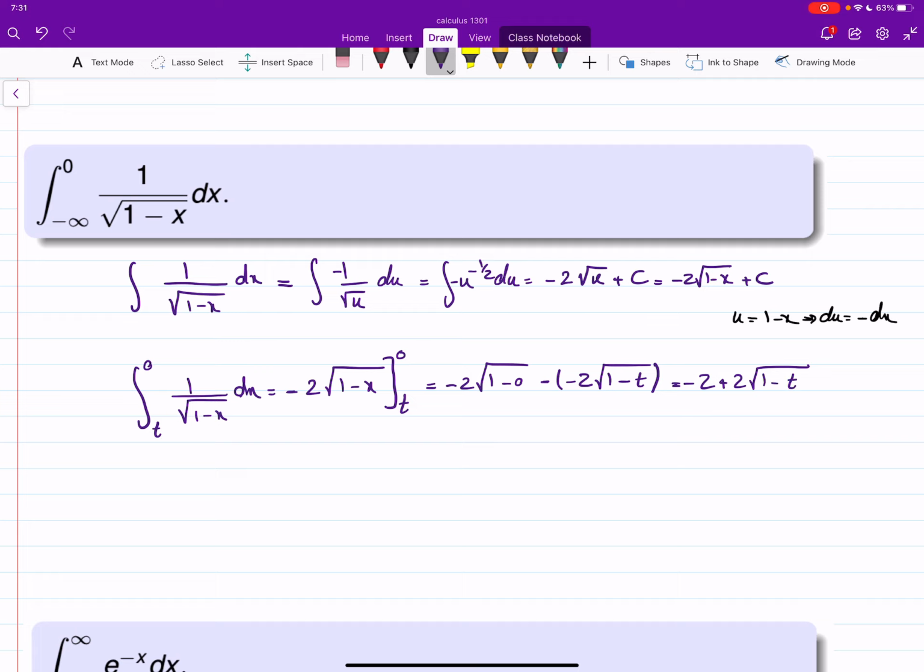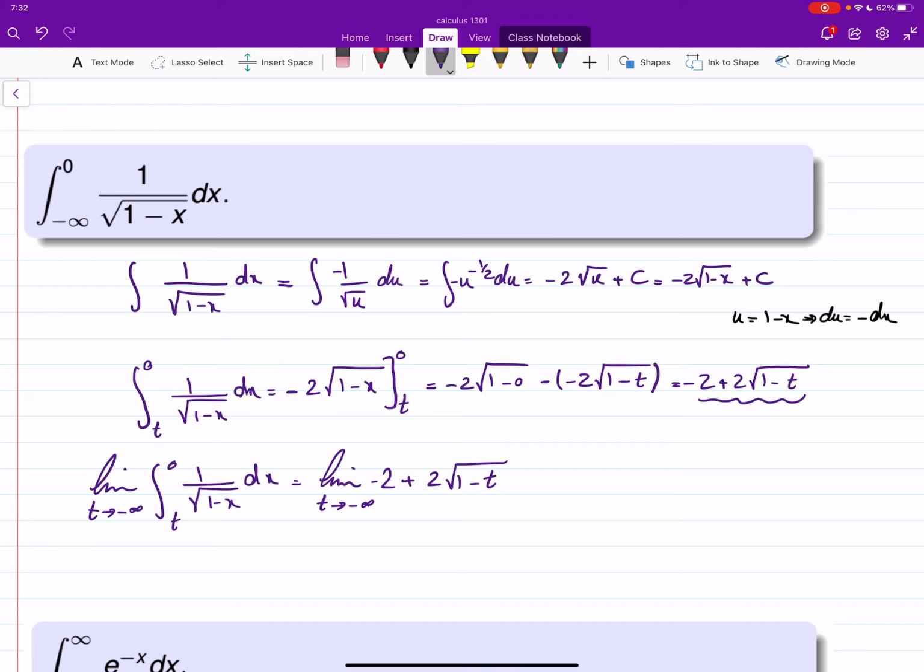Okay, now that I found the integral from t to 0, I find the limit of that as t goes to negative infinity. I evaluated it, so this is just a function of t, and I'm trying to find the limit of this guy here.